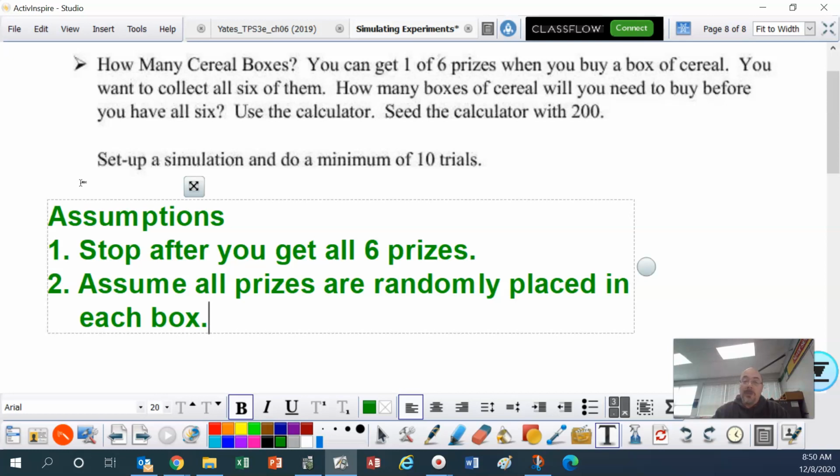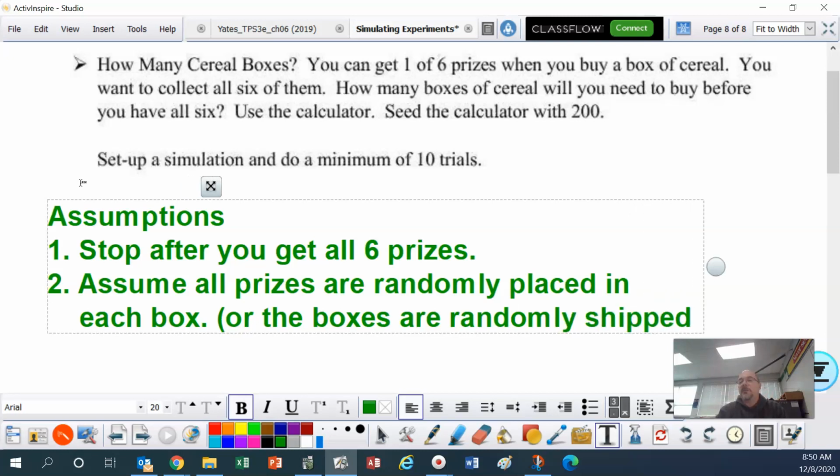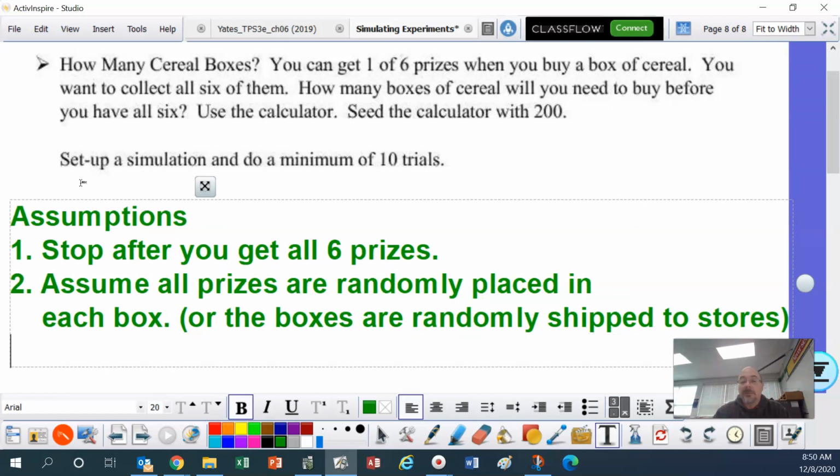But we need to assume all prizes are randomly placed in a box, or the boxes are randomly shipped to stores. That might be a possibility too, but we need something about them being random.